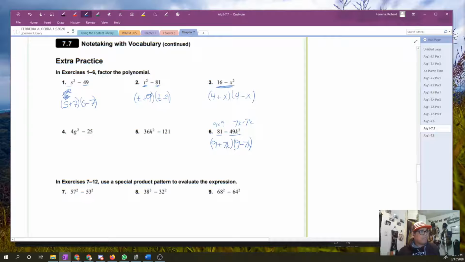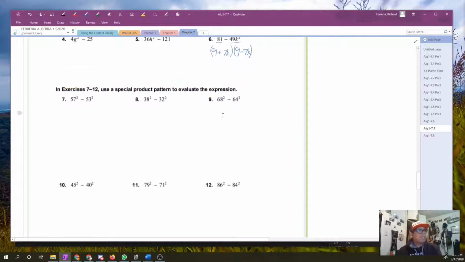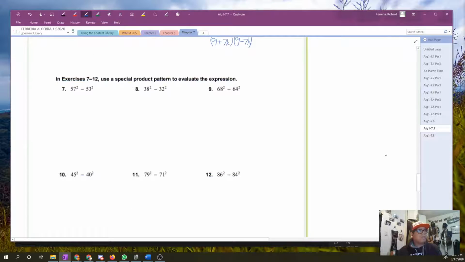Okay? All right, let's move on a little bit further. Use special patterns to evaluate the expression. Let's just try this out here. 57 squared minus 53 squared, that's a difference of squares.